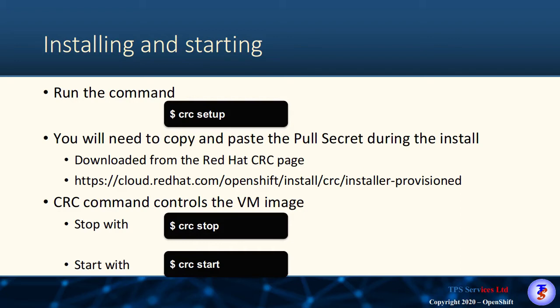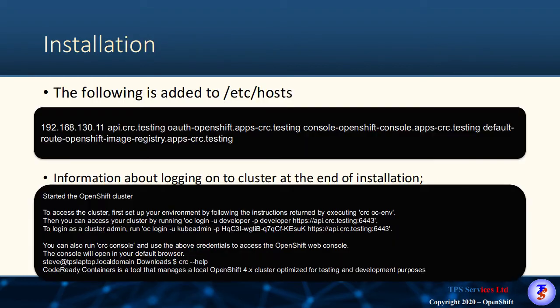Once the setup is complete, crc start will launch the VM. To stop the software using up resources, if you're not using it, simply run crc stop. Use these commands to control the OpenShift VM. During the setup, your local hosts file on any operating system will be modified so that you can use the names shown in the prompts when using the oc command or accessing the web console.